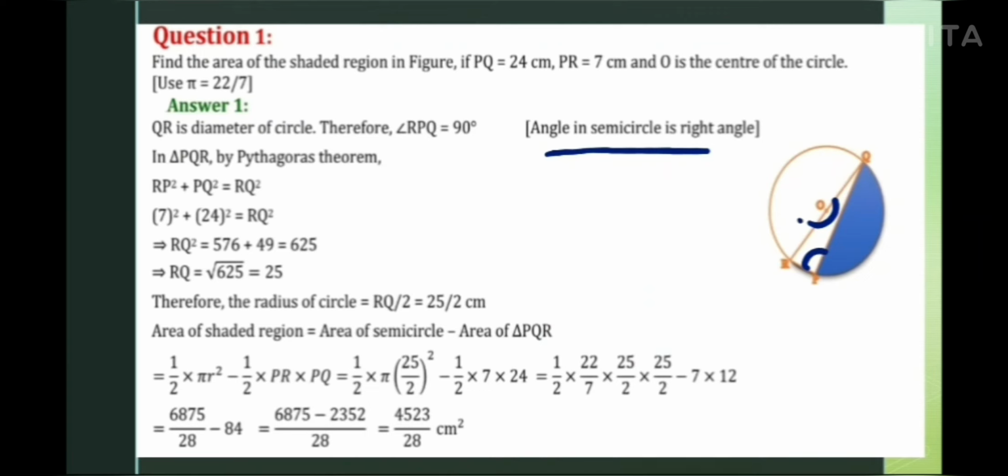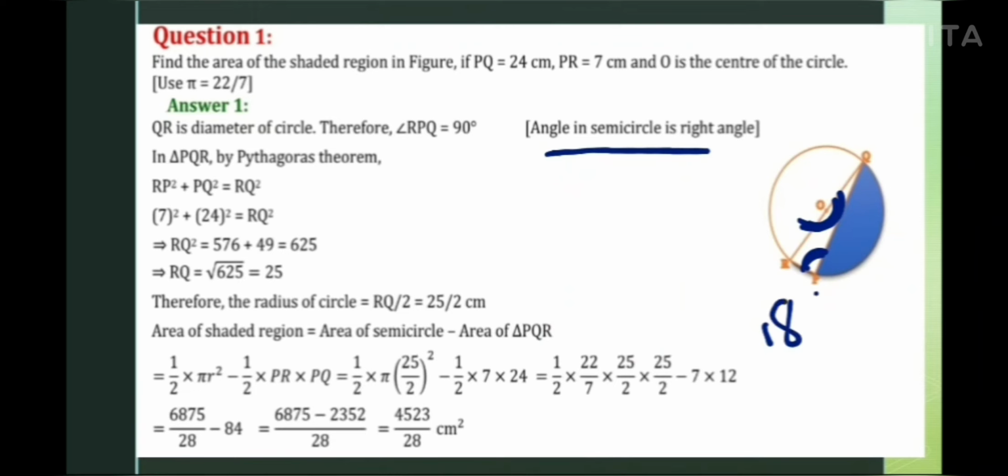The area of the semicircle is half into pi r square, where r is 25 by 2. Since PQR is a right angle triangle, you can use the formula half into base into height, where the base is 7 and the height is 24. Just do the calculation and you will get the area of PQR.